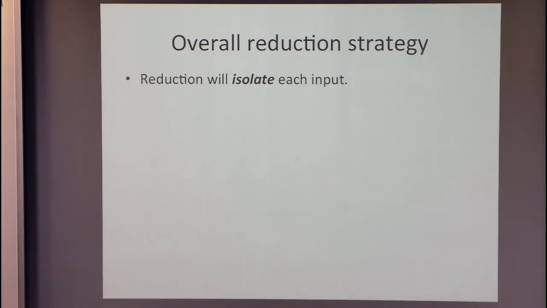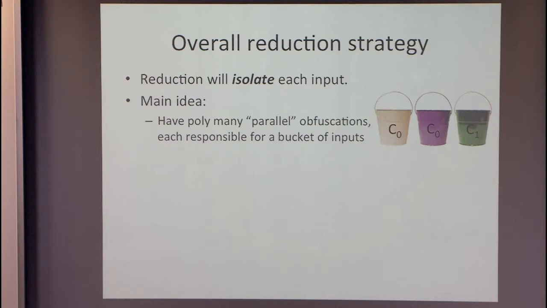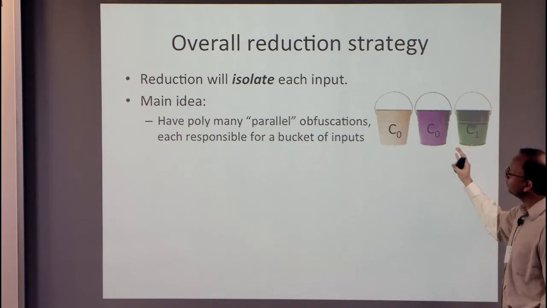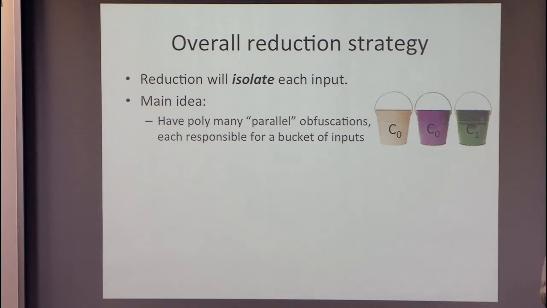All right. So let's zoom in a little bit more on this strategy that we're building here. The idea is, again, to isolate each input, right, so that we can apply Killian. So how will we do that? We'll do that by having polynomially many parallel obfuscations, okay, where each of these parallel obfuscations is responsible for a different bucket of inputs. Okay? And how will this work?